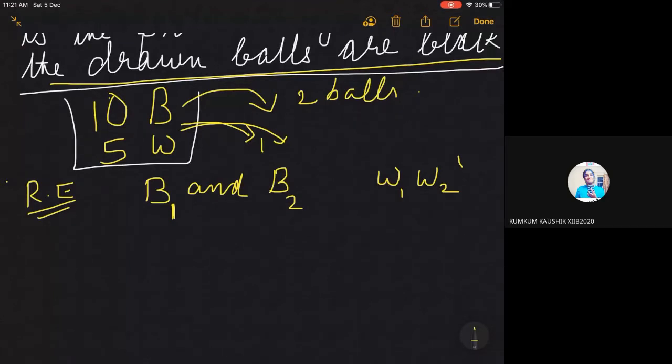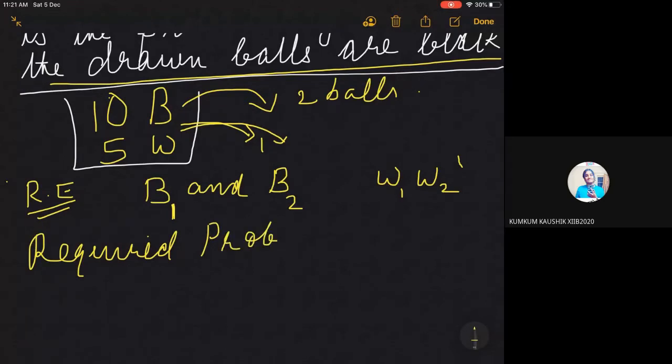So our required probability is what? No need of explaining much. You can directly write, required probability. The probability that is asked, we call the required probability.